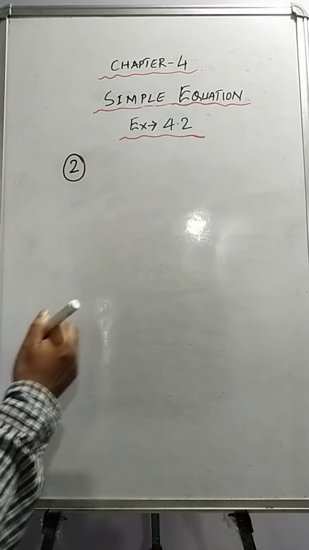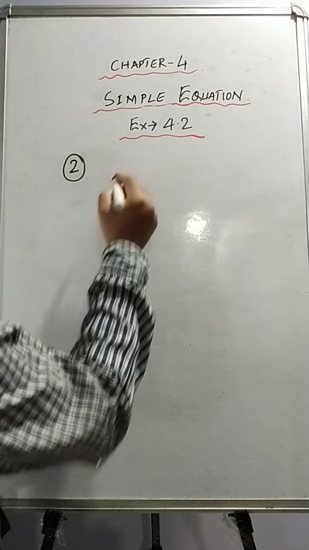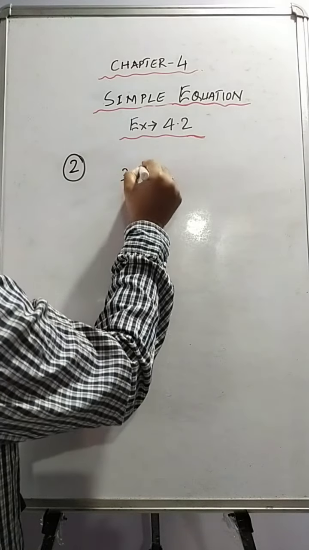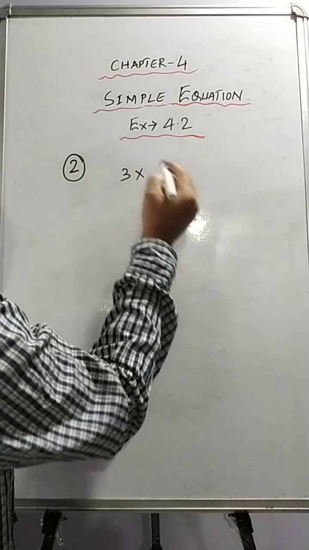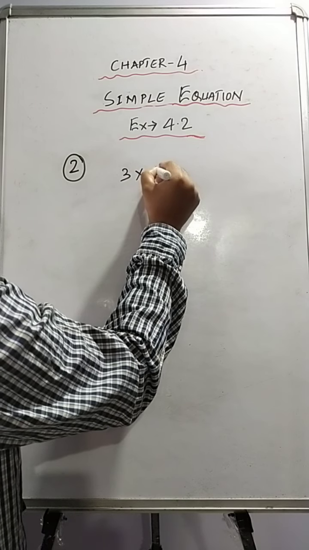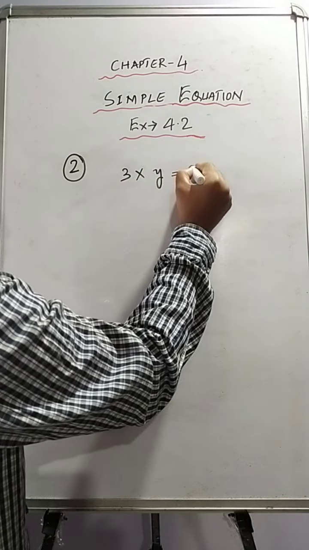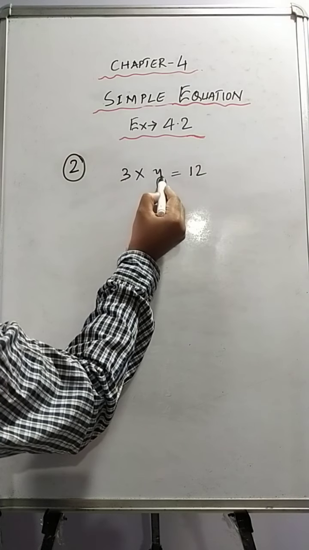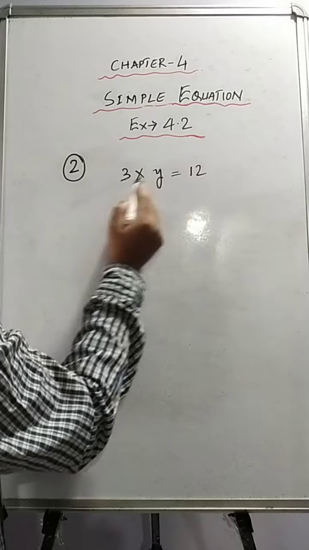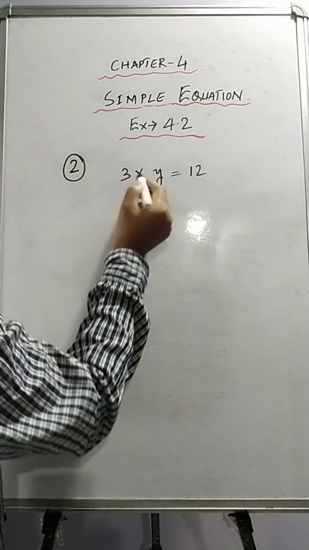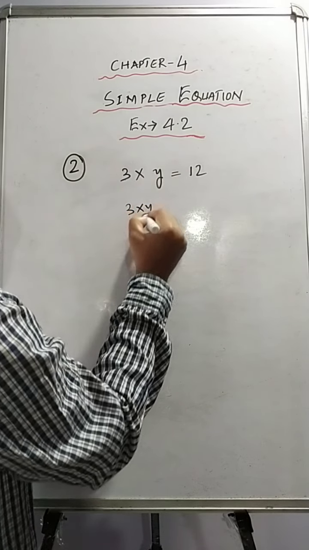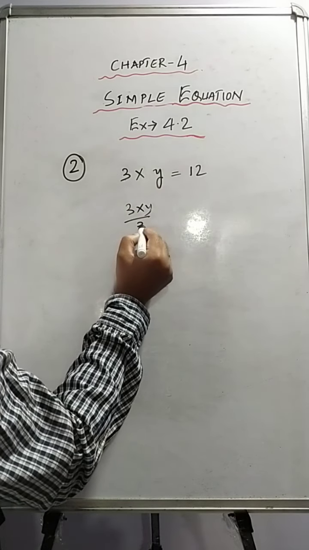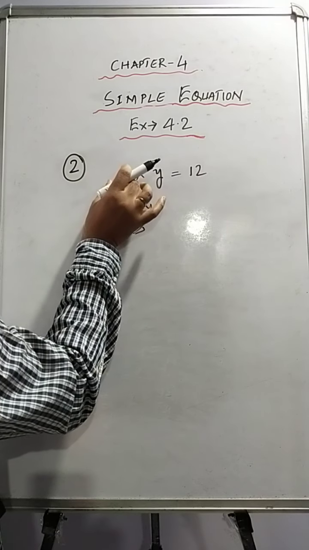Now suppose a digit is in the multiplication form with the variable, suppose the variable is y. So this digit is in the form of multiplication with the variable, then how to remove this number? Always divide it. In this case you have to divide the whole term by 3 so that you can remove this digit.